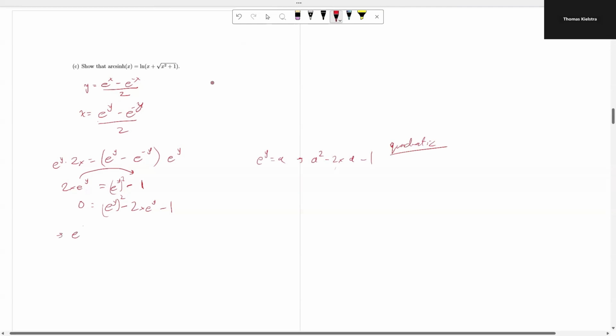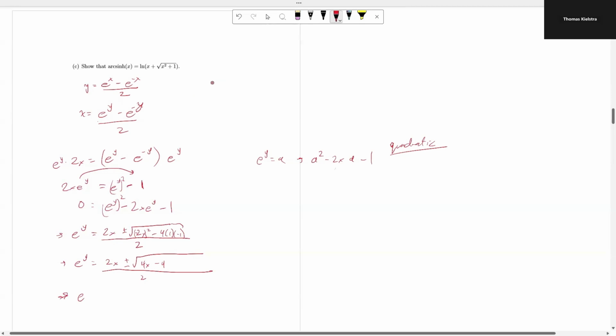This implies that e to the y equals 2x plus or minus the root of 2x all squared minus 4 times 1 times minus 1, all over 2, which implies that e to the y equals 2x plus or minus the square root of 4x squared plus 4, all over 2.